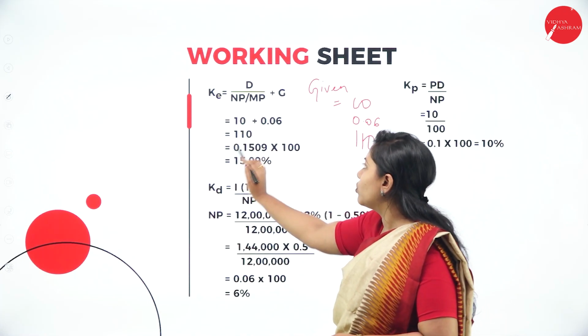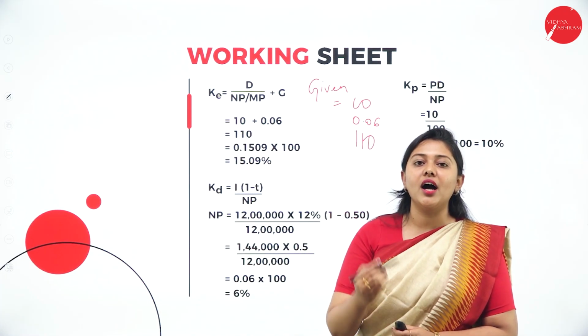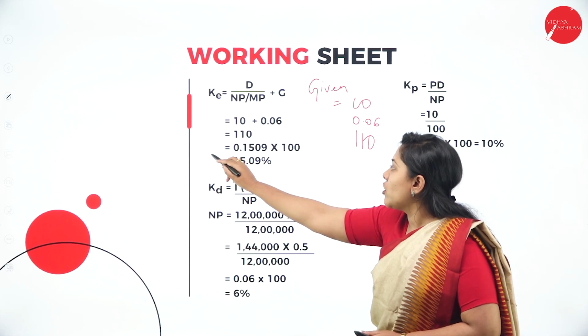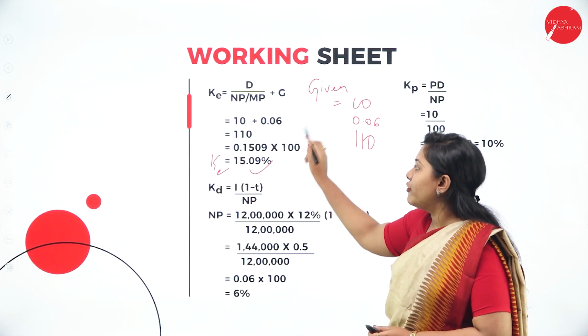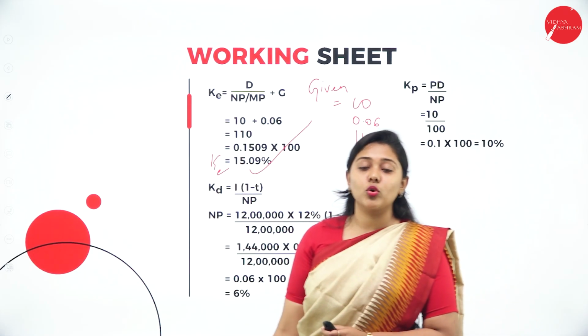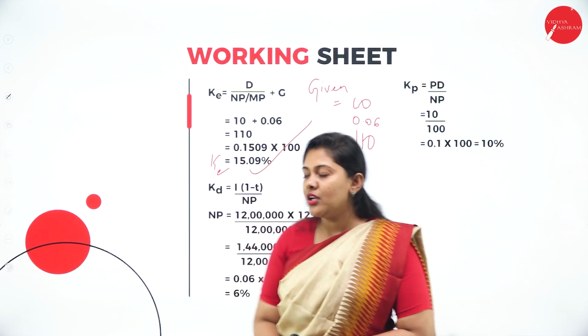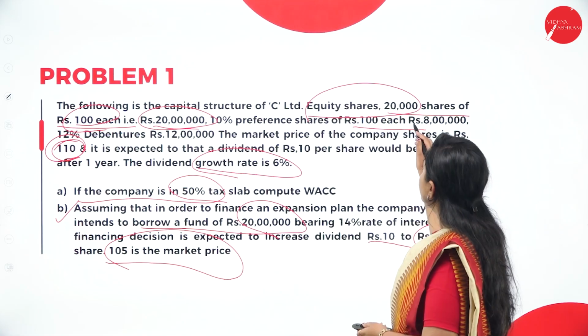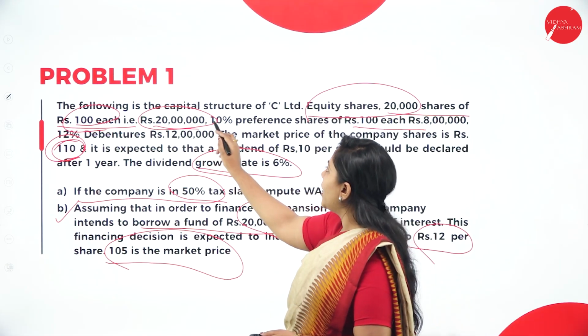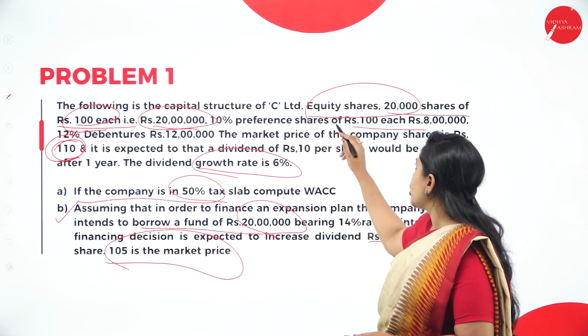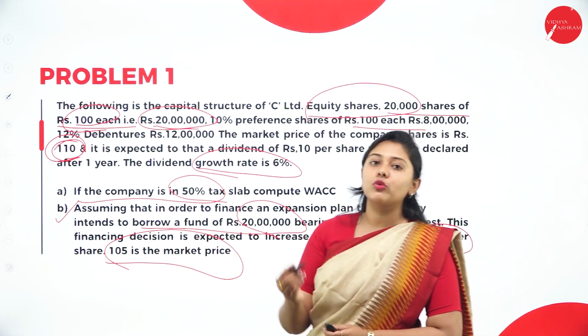So when you substitute all the values into the formula, the cost of equity you get is 15.09%.